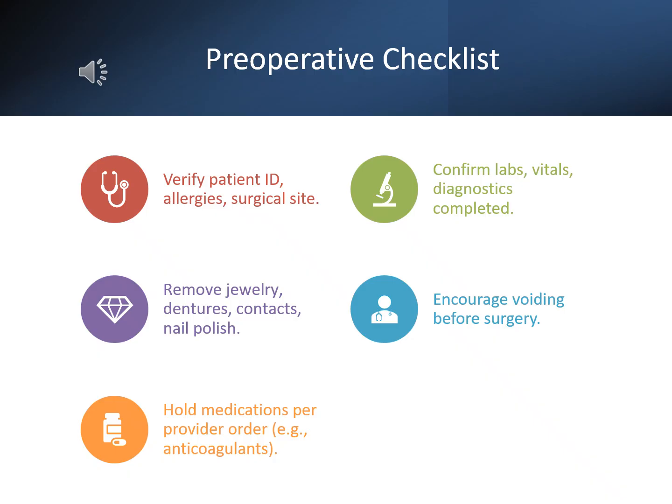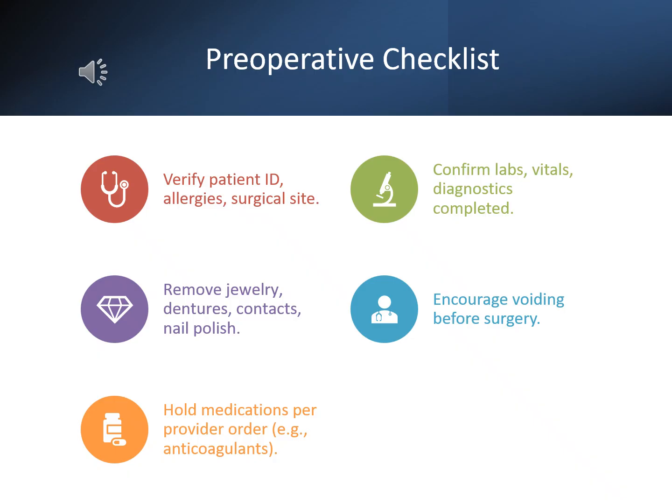And make sure to document all of that, send all of that personal stuff home with the patient's family, really, or secure it with security if necessary, because this is when a lot of patients' belongings can be lost. For those assistive devices like glasses, canes, walkers, anything like that, those will stay with the patient so that when they come out of surgery and they come out into that post-operative area, they have these accessible.